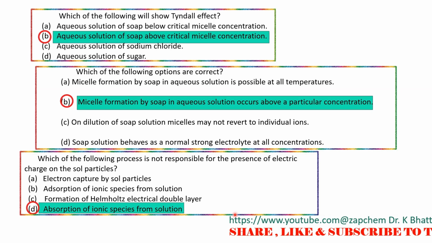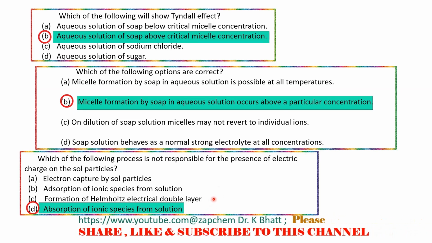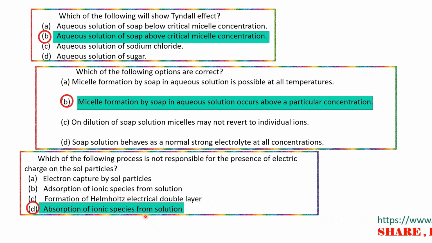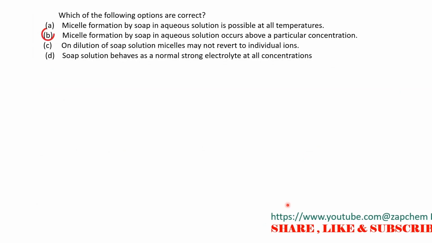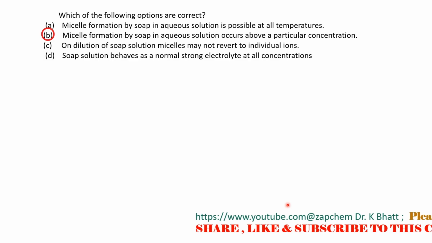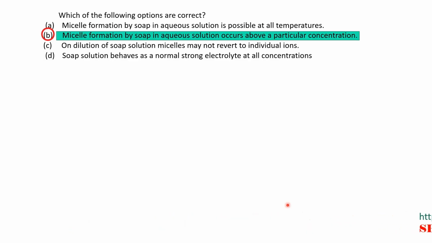Well, these are quite important questions, and this question is very important according to the Helmholtz double layer theory. Next question, which of the following options are correct? Micelle formation by soap in aqueous solution occurs above a particular concentration.